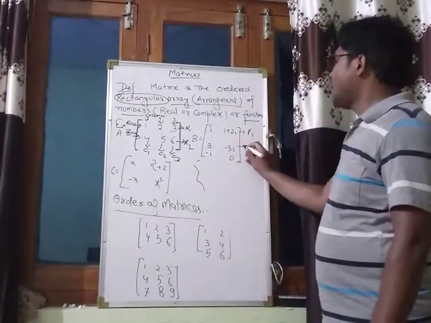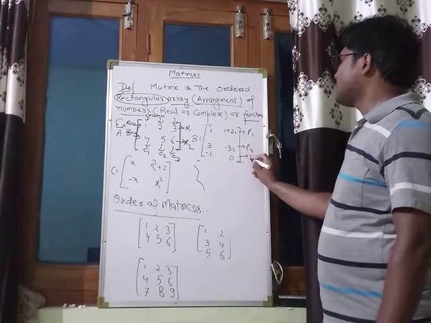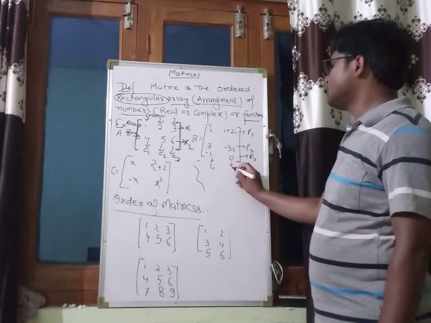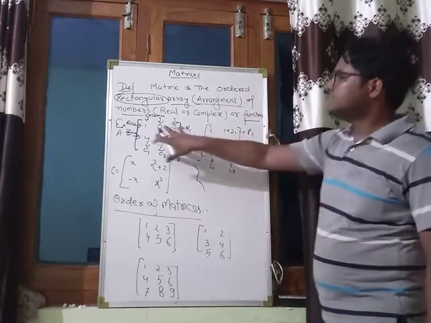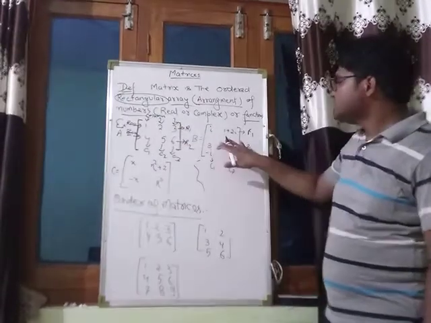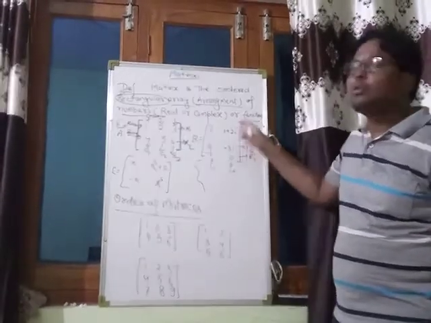This one is R1, R2, R3, and that is C1, C2. So this matrix has 2 rows, 3 columns. This matrix has 3 rows, 2 columns.